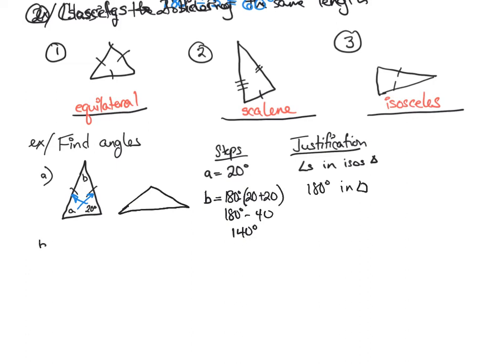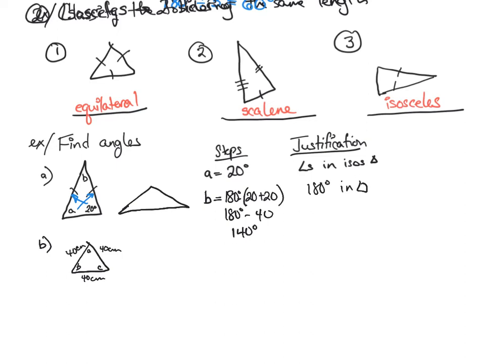Okay, next type. If I had a triangle like this, and I was told that each side was 40 centimeters long, but I wasn't given any of the ones inside, then how could I find them? If they're all the same, that means they're an equilateral triangle.